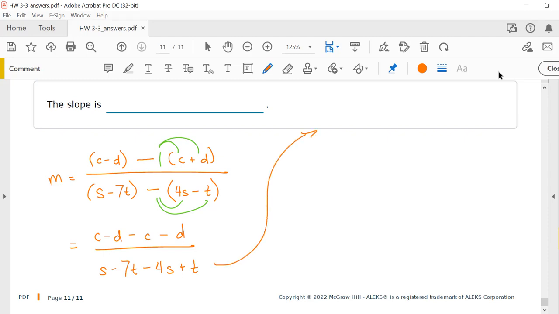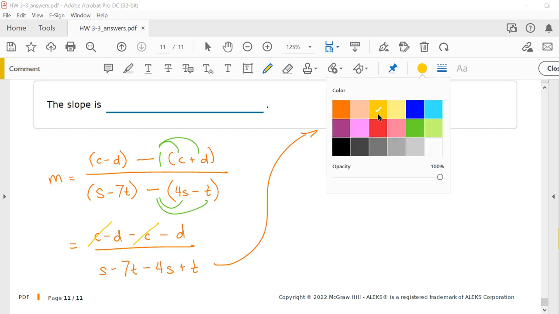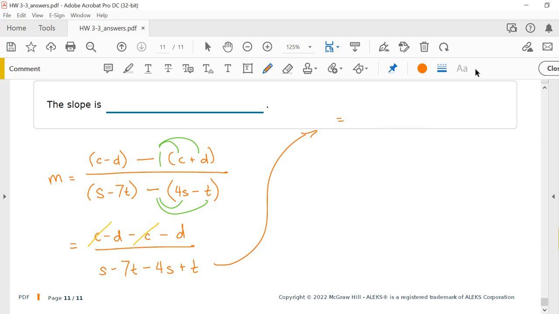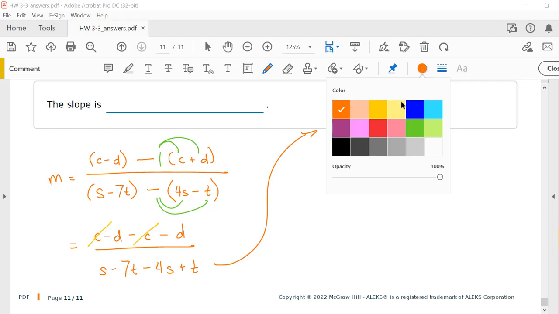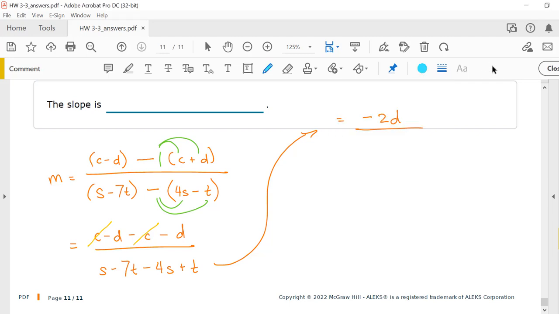All right. C minus C is gone, and I have minus D, minus 1D, minus 1D is negative 2D over, okay, let's collect like terms in the denominator.